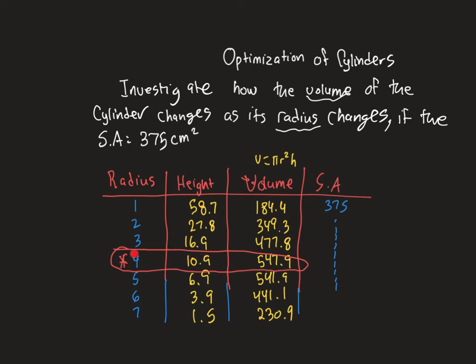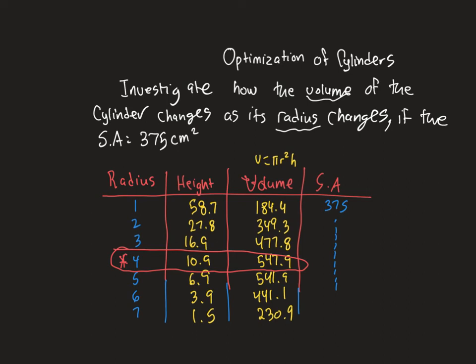Well, my radius is 4 here, which is pretty close to getting 10.9 if I doubled it. If I doubled it, obviously I'd be getting 8. Okay? But it doesn't quite give me this.